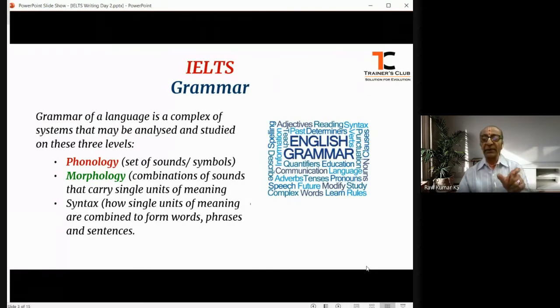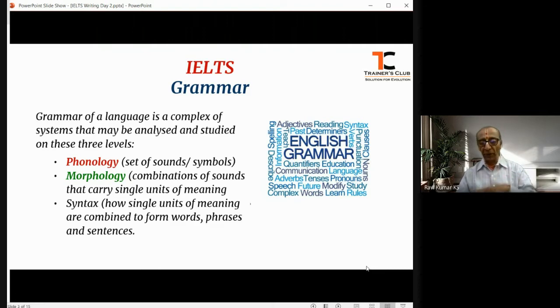Grammatical error is that if you are not using the right grammar. That means if you have to form a sentence, it should be in two forms. Either it should be in subject, verb, object, that is called SVO, right?